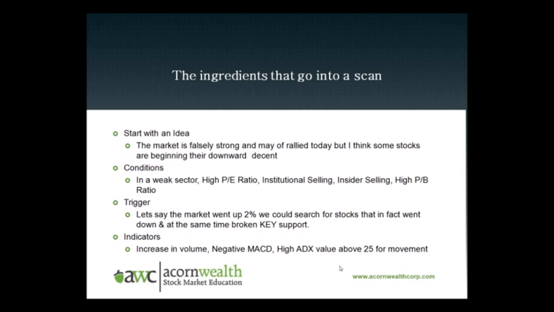We may want an ADX value above 25. So when we have the full picture, we have a stock in a weak sector, susceptible to weakness, the insiders are selling it, it's breaking support, and the volume is increasing, so more people are selling it with lots of movement. That's basically what this recipe would tell us.